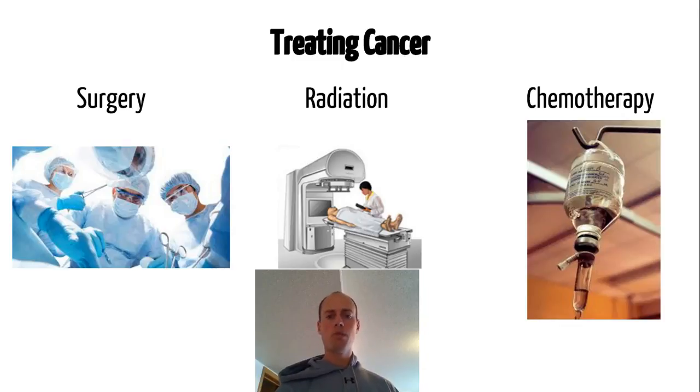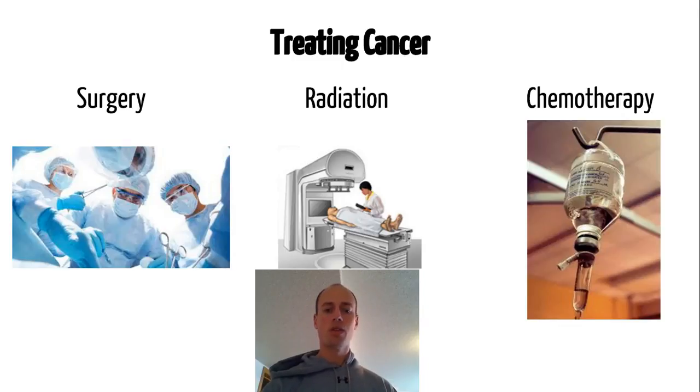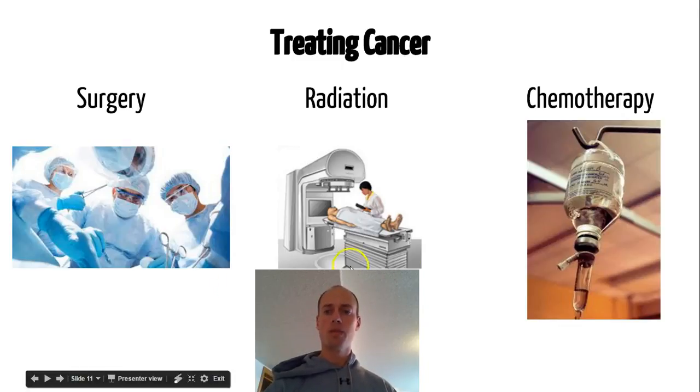It's also why you might see hair, which is something that grows and divides. The cells divide constantly. So you'll often see people going through cancer treatment lose that hair because those treatments are targeting fast dividing cells or frequently dividing cells.